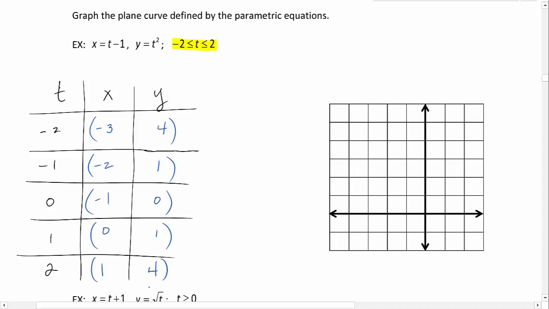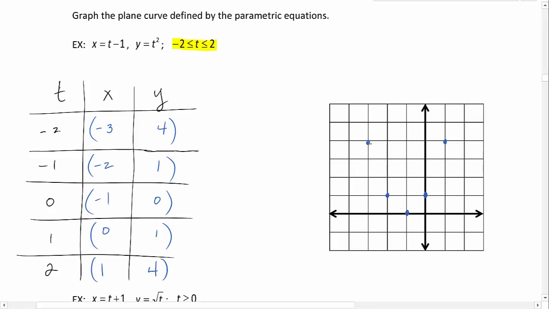So let's plot these points. Negative 3, 4, negative 2, 1, negative 1, 0, 0, 1, and 1, 4. We want to connect these points in increasing t.